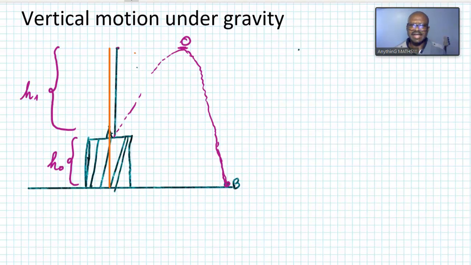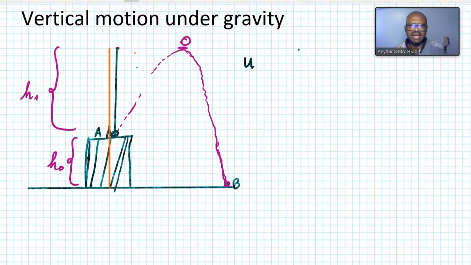So imagine that at point A, an object is projected upwards with initial velocity u, and it gets to a point O and also returns to point B. We can see that the object is now at a height h0 below the ground level.